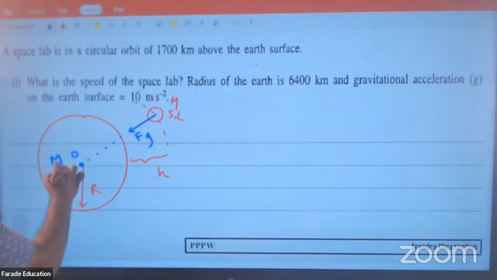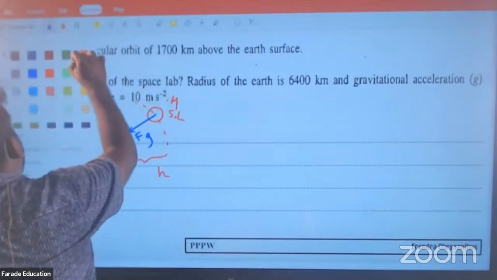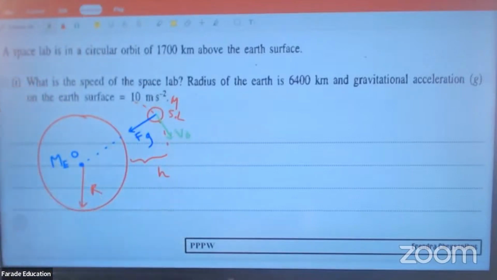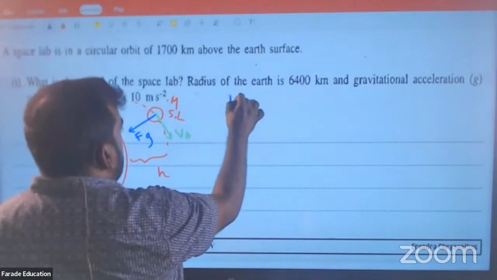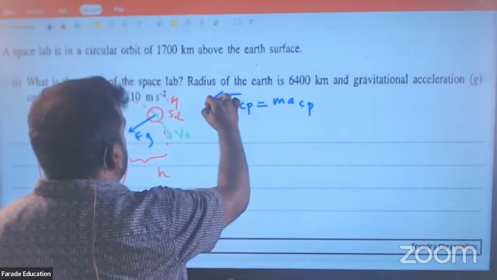Here mass of Earth is ME. Look at the board carefully. They want us to find the orbit velocity, V naught. Apply centripetal force equals mass times centripetal acceleration towards the center.